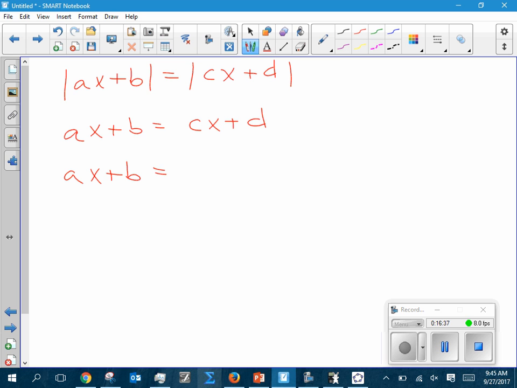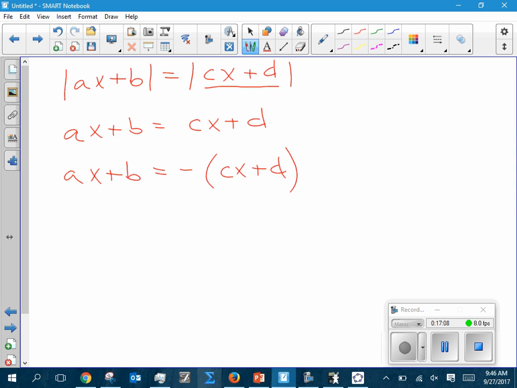Got to have two ideas here. Normally that was just a constant in the last type of question. Now it's an expression. So instead of multiplying just a constant by a -1, we're going to multiply that entire expression by a -1. Those are the two equations you're going to solve.